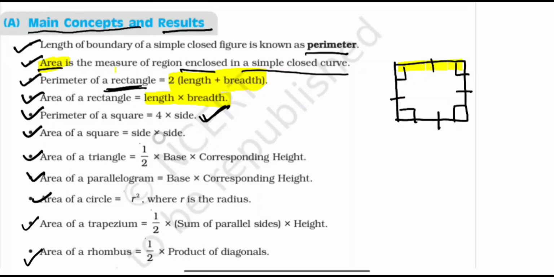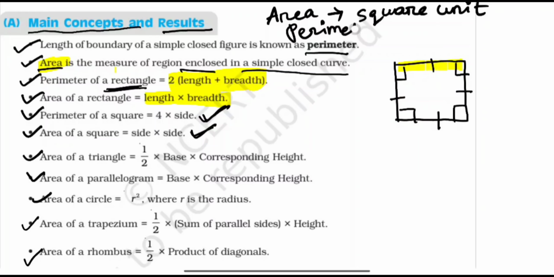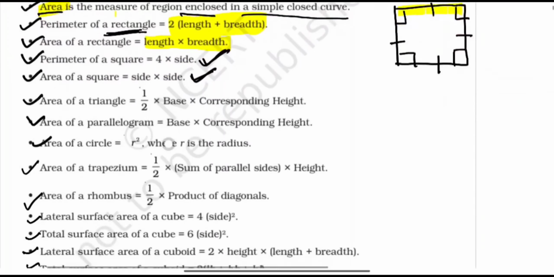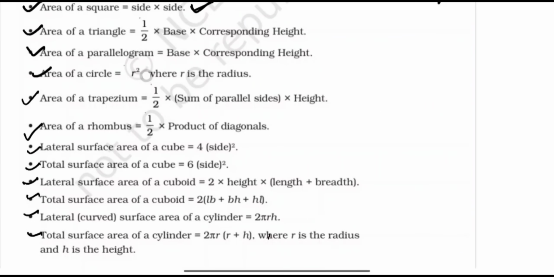And the area of a square is side into side. And always remember, all areas should be written in square units. All perimeters are mere lengths, so perimeter should be written in normal units. Clear? So that is the area and perimeter of a square.